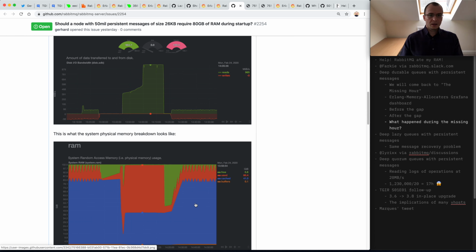So we don't have the answer to this yet, but the thing which we are noticing, and I think this is something that Farkey noticed as well in this case, is that the queue indices, the node startup seems to be stuck. It's not stuck, so things are happening. We can see that things are happening, but they require a lot of memory.